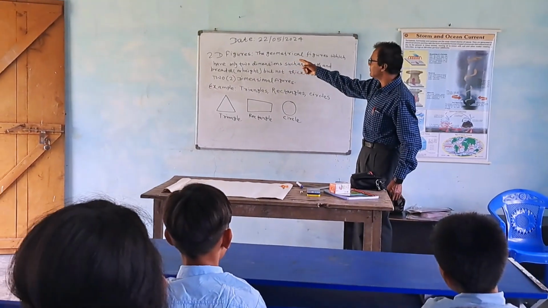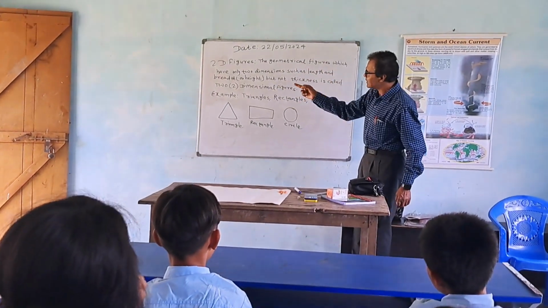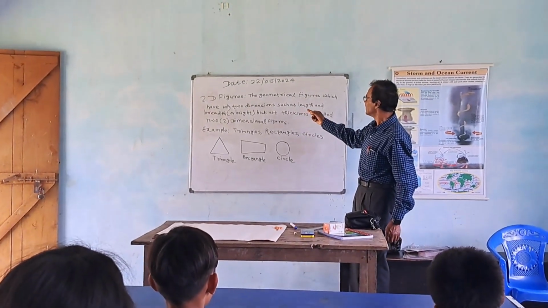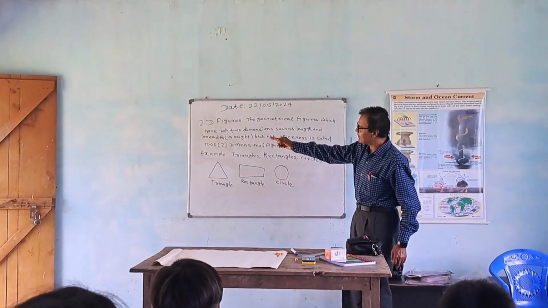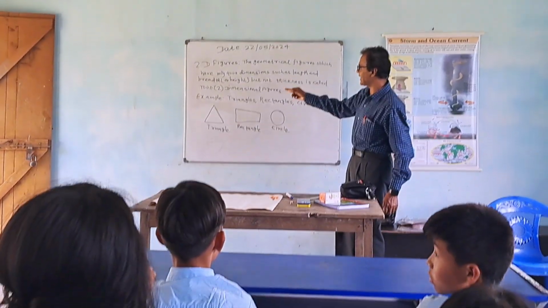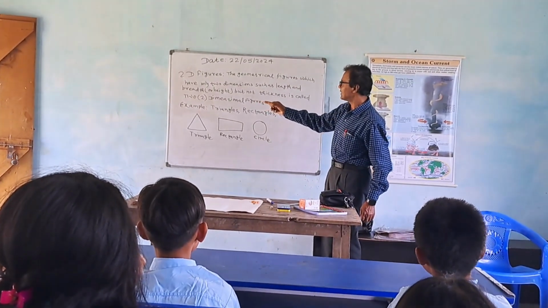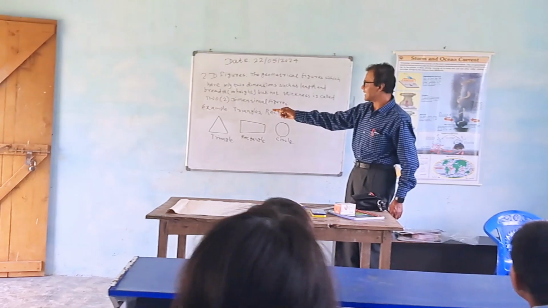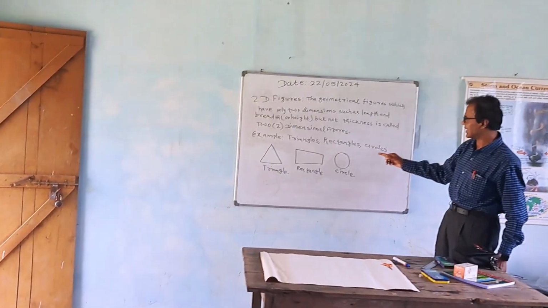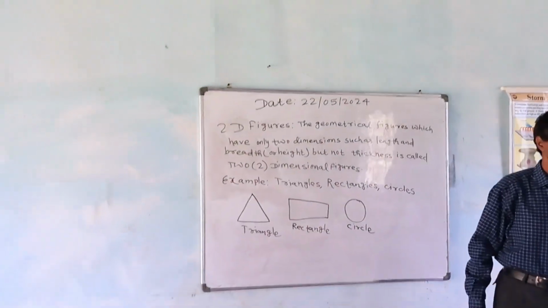The geometrical figures which have only two dimensions, such as length and breadth, or height, but no thickness, are called two-dimensional figures. Examples: triangles, rectangles, circles.